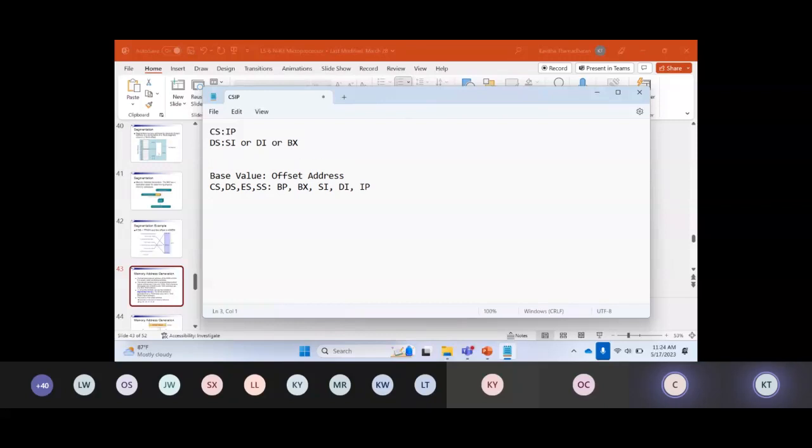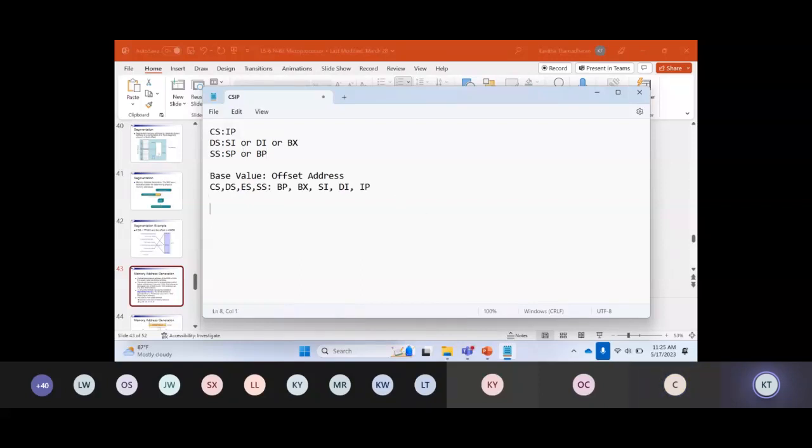Next we have SS, the stack segment, which can be paired with SP or BP. Very good, so you have to memorize this.